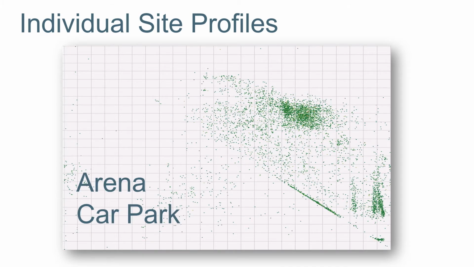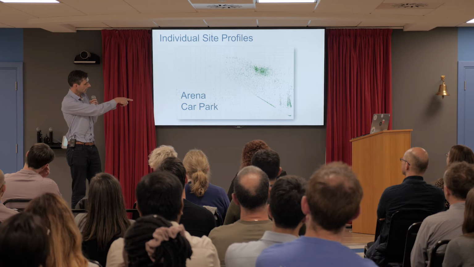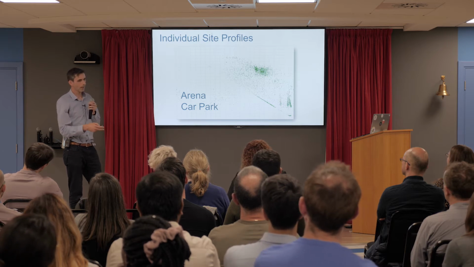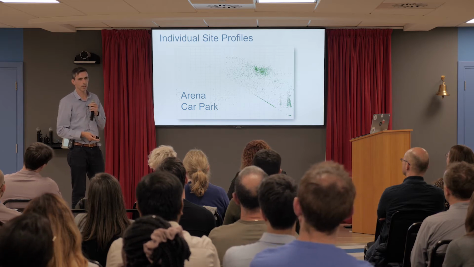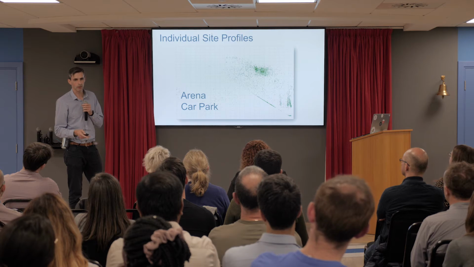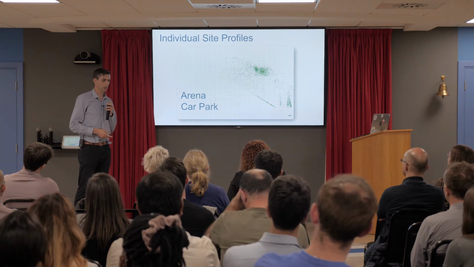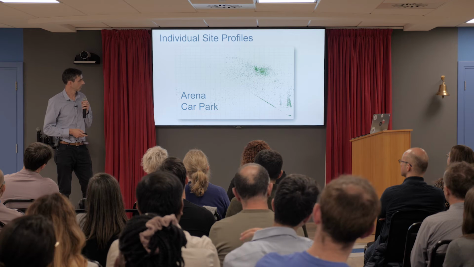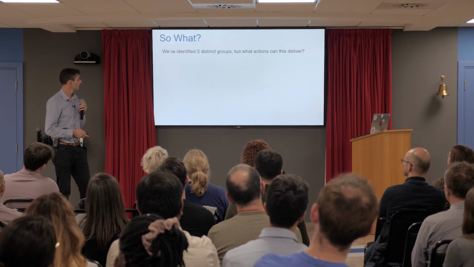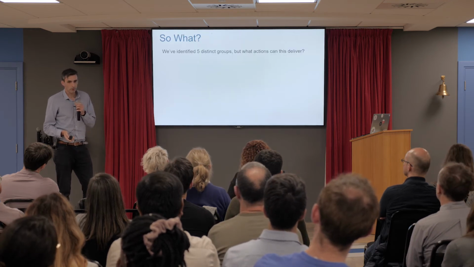We have an arena car park here, and so you can see down in the bottom right, lots of activity for pick up and drop off, and the kind of vertical strata are everyone's leaving the event at the exact same time. Because this is an event car park, it's used primarily in the evening. We've stuck some commuters in there during the day, so we can see quite a few of the 9 to 5 mob there. So we've identified 5 customer groups.